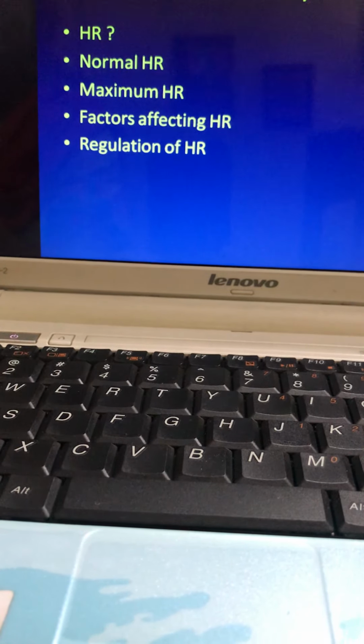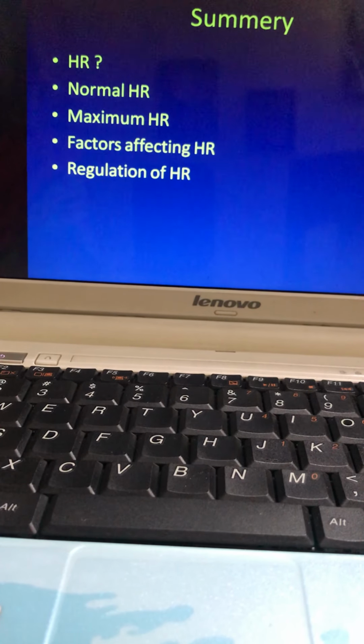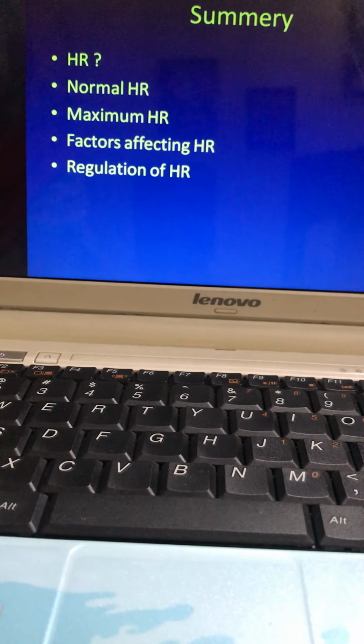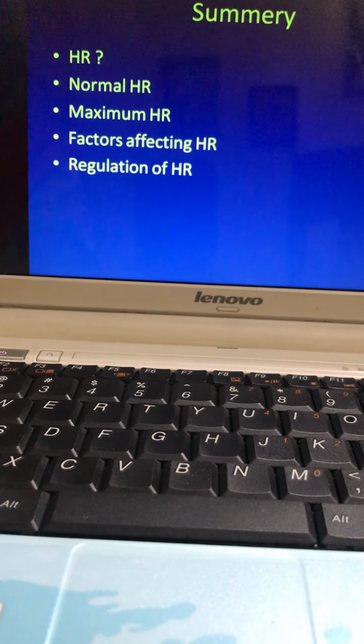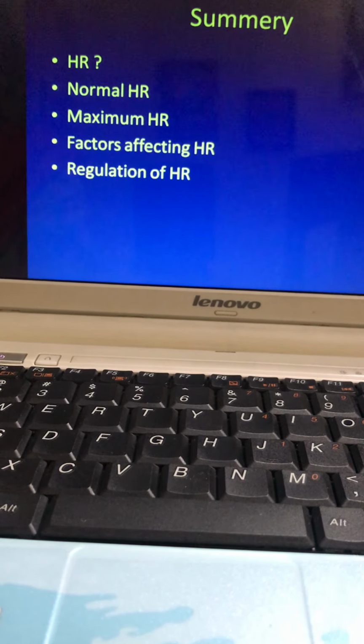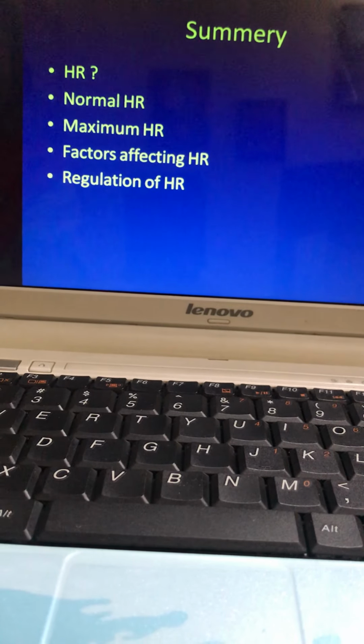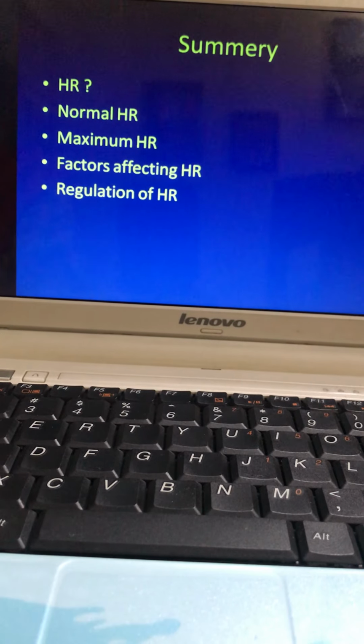Extrinsic regulation is by nervous regulation, regulation by reflex, and regulation by humoral factors. Intrinsic regulation is due to intrinsic properties of the heart, that is the Bainbridge reflex, and the Frank-Starling law of the heart. These are the topics we discussed.